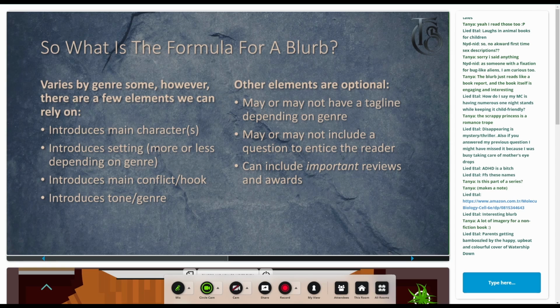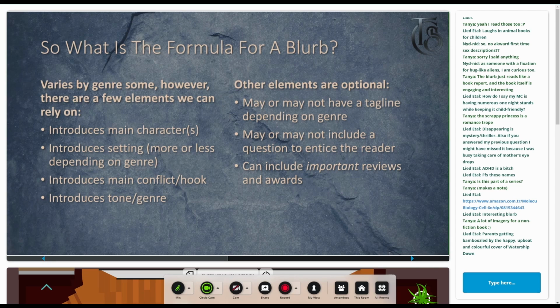Second, it may or may not include a question, like a direct question to entice a reader, and it may or may not include important reviews or awards, like #1 New York Times bestseller, or the fact that, I think it was Ender's Game was a Hugo and Nebula award winner. You have Lord of the Rings, which of course is very storied history and has a lot of awards. I think Sabriel also has a number of awards.